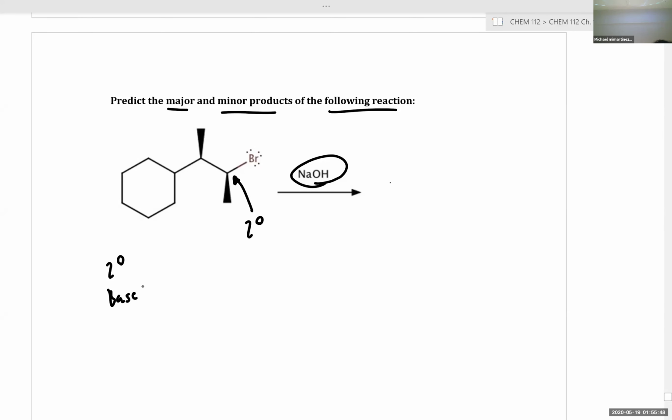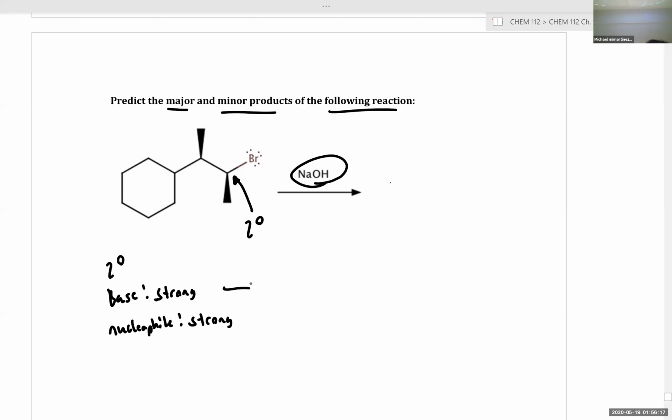Is our base going to be strong or weak? Our base is strong. What about our nucleophile? Is hydroxide a strong or weak nucleophile? Relatively strong.